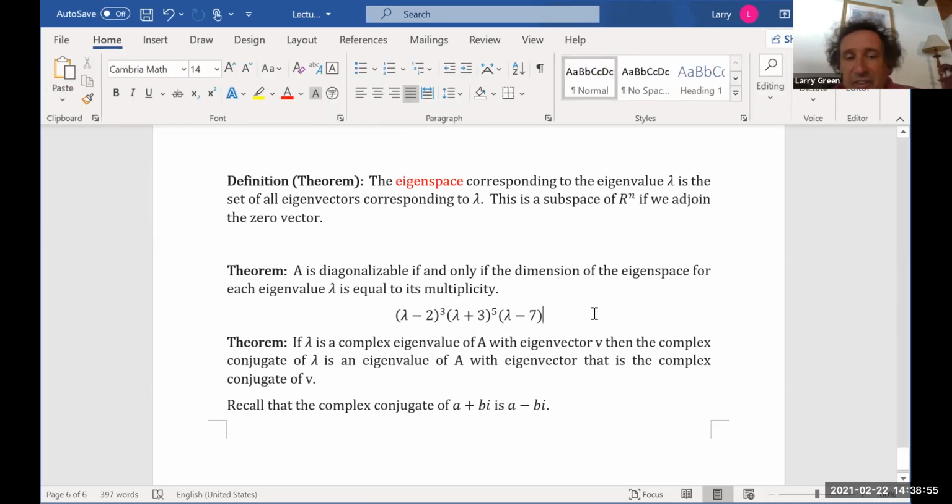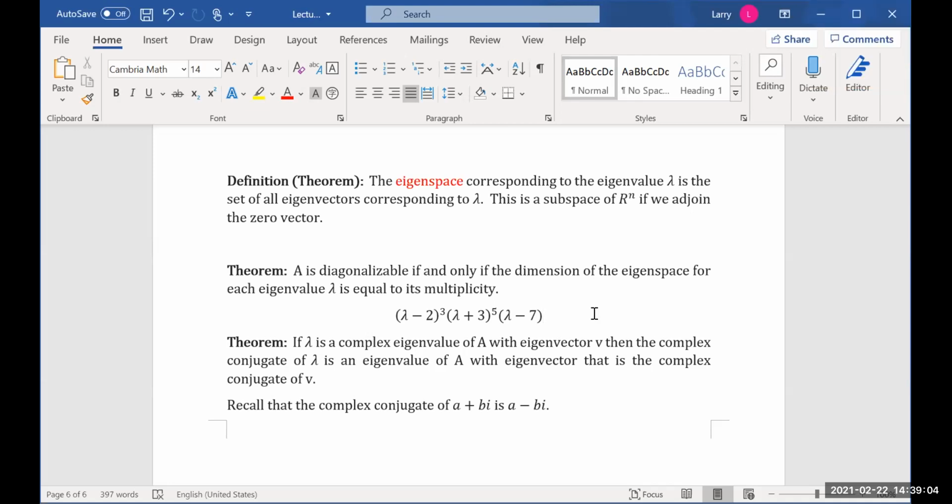Let's say that was a characteristic polynomial after you factored it. What's the multiplicity of the eigenvalue -3? Can you tell me? 5.